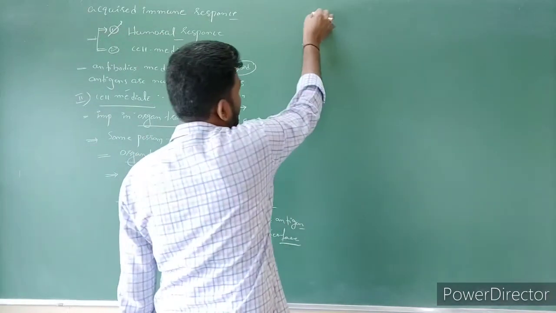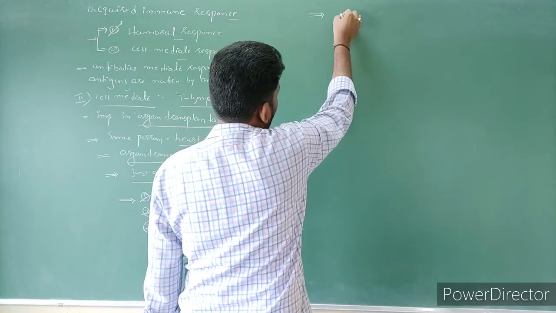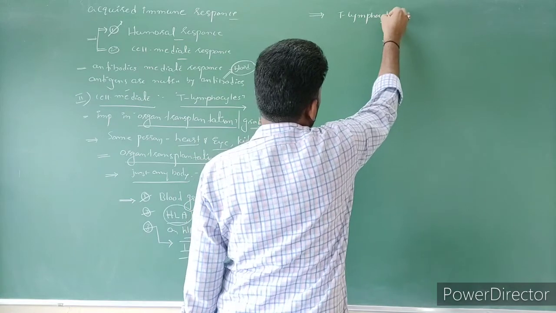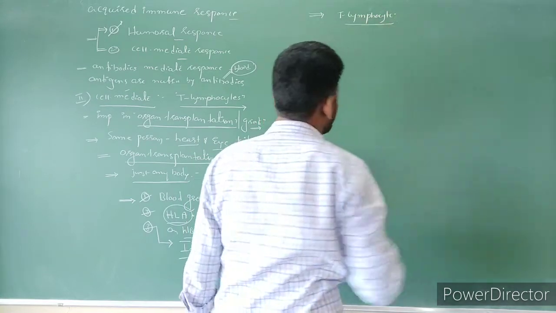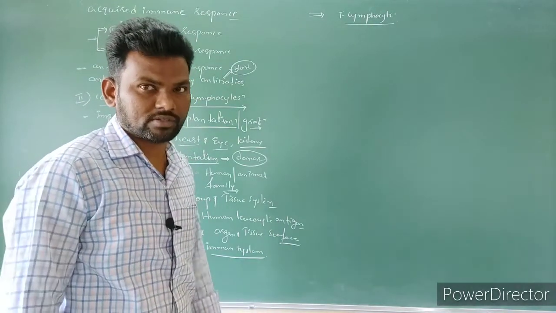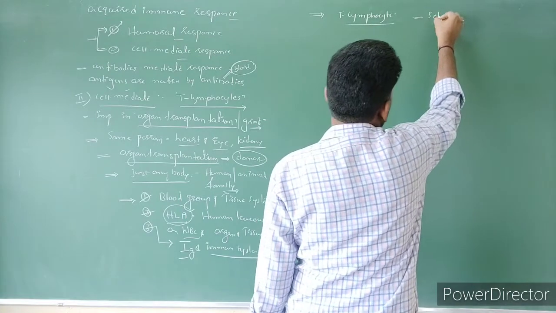Here, which cells play a great role? T lymphocyte cells. They have the capacity to discriminate which is self and which is non-self. When it is matching, then it feels that it is a self cell.